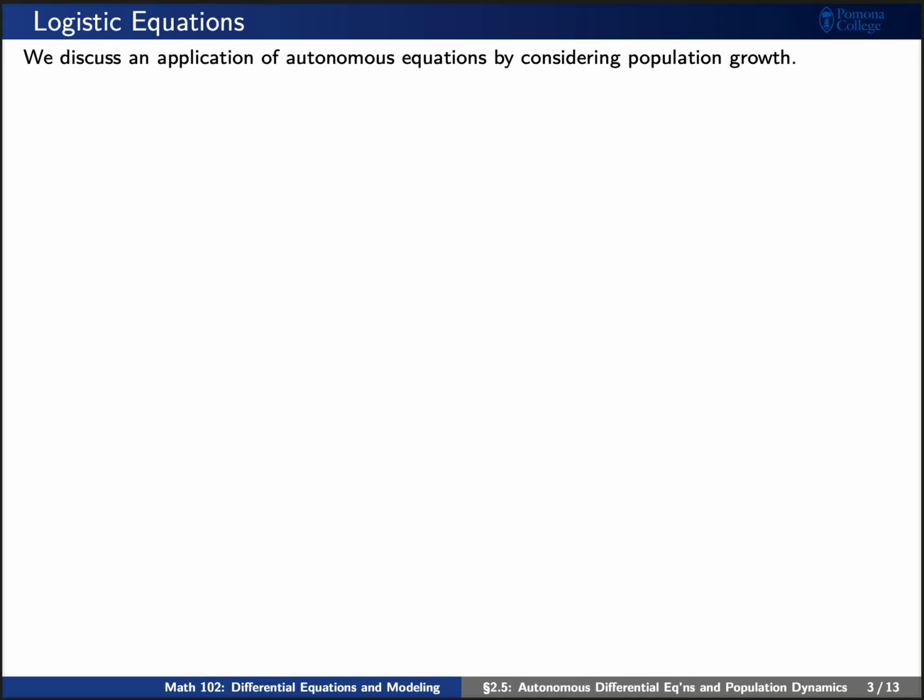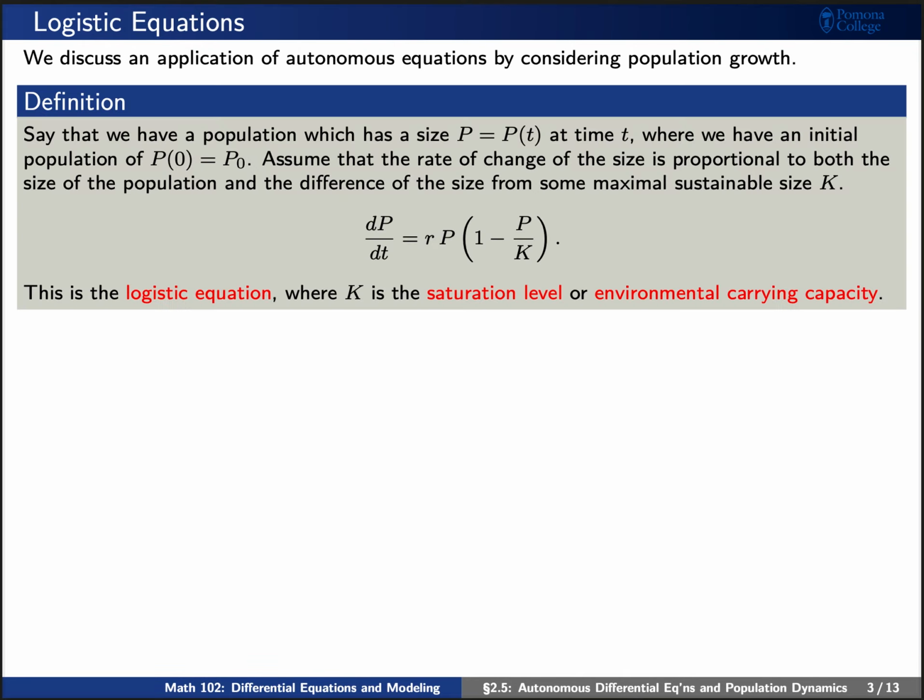Let's discuss an application of autonomous equations by considering the concept of population growth. We'll start with the definition. Say that we have a population that has size p of t at some time t, where we have some initial population size p0. We're going to make the assumption that the rate of change of size is proportional to both the size of the population and the difference of the size from some maximal sustainable size k.